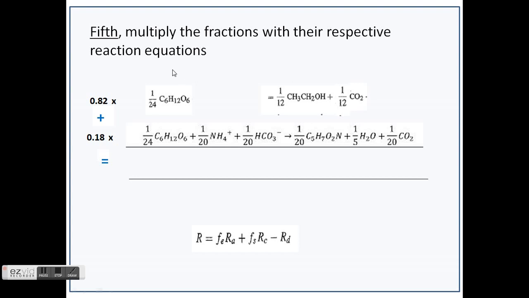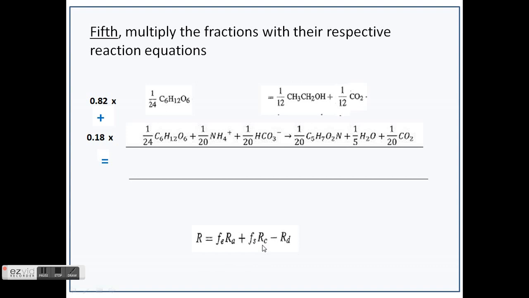And to find the Gibbs free energy for that reaction, you multiply this by the Gibbs free energy of this, and then add it to this times the Gibbs free energy for this. You can have the Gibbs free energy for the overall reaction.